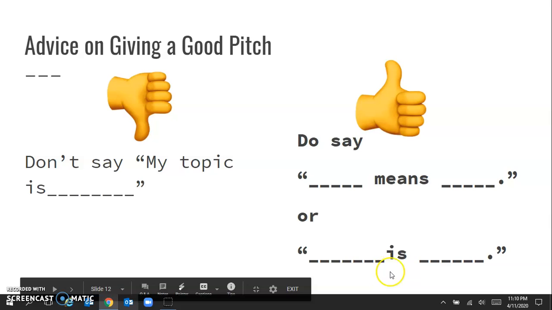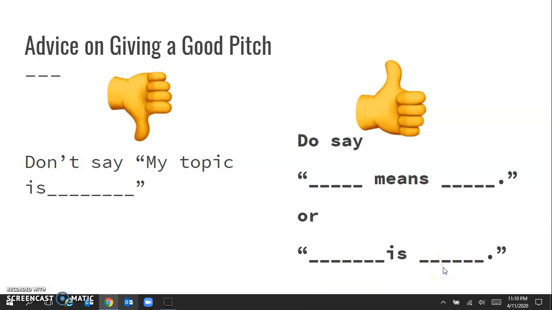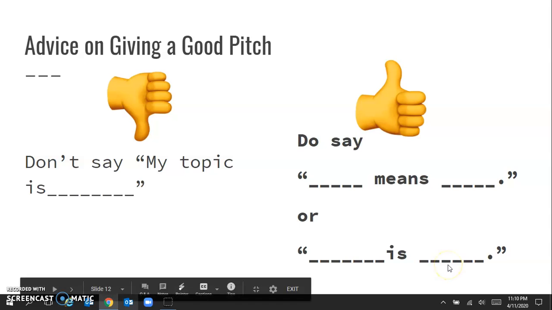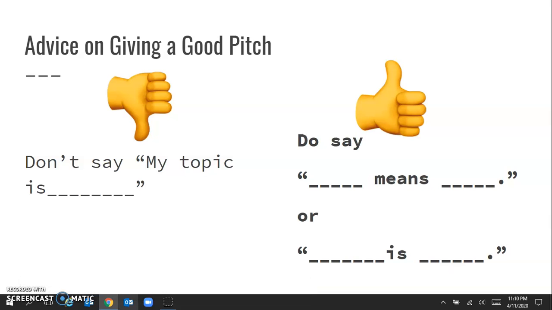DC statehood is a movement to make Washington, D.C. the 51st state of America, because currently DC is a federal district and the residents do not have the same rights as people who live in a state like Maryland or Virginia.